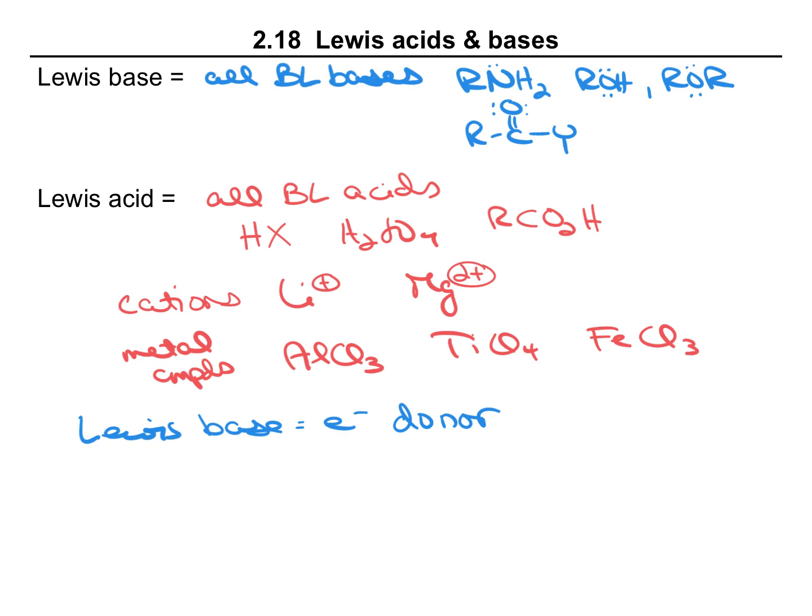So let's think about this as a dating scene, and a Lewis base is somebody who has extra negative character. It wants someone with positive character. So a Lewis base can also be called a nucleophile because it loves a nucleus. Remember, a nucleus has positive charge, so a nucleophile is somebody that wants somebody with positive character.